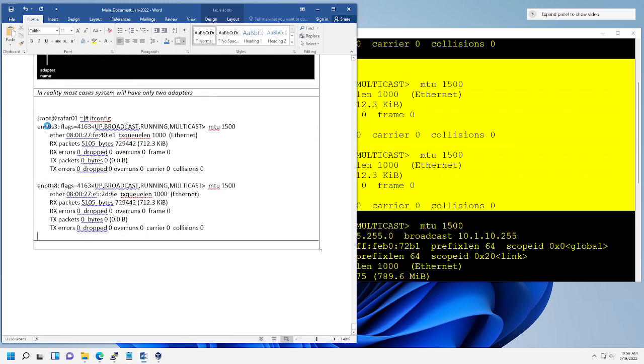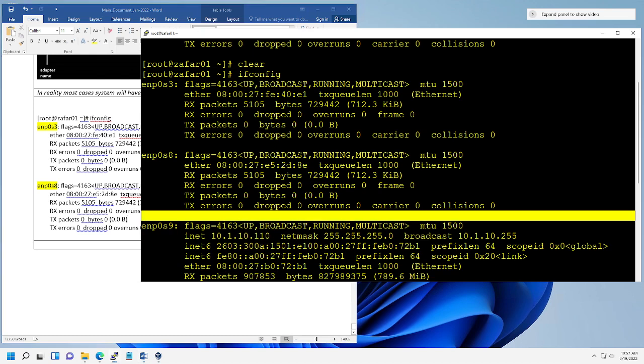So we have ENP0S3 and ENP0S8. Now, where are these adapters being saved? The configuration files regarding these adapters are sitting in the etc folder.